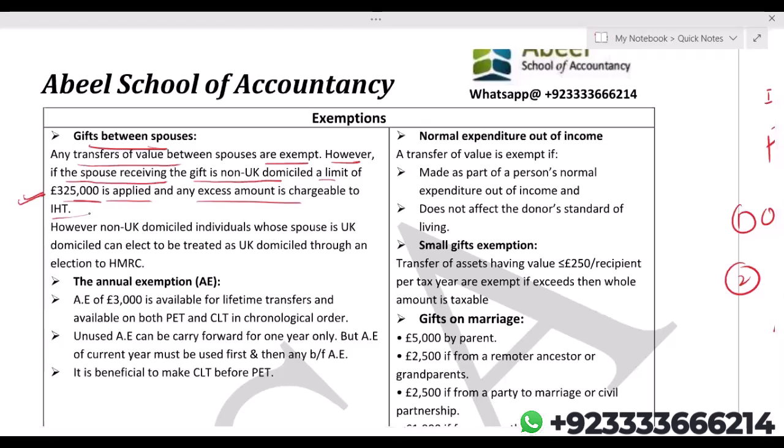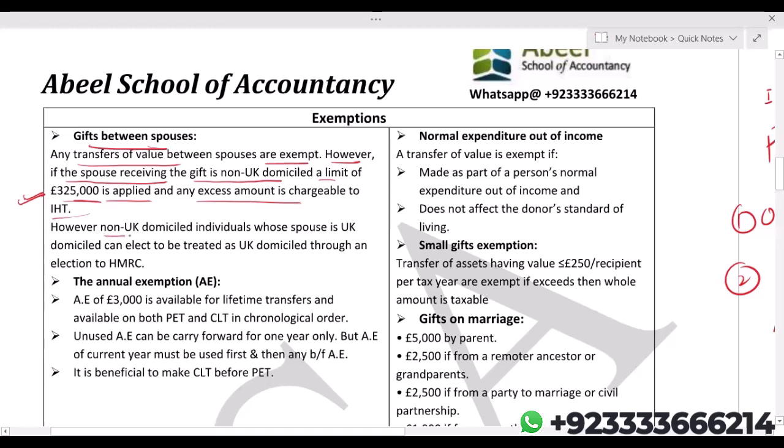Because the normal understanding is that transfer of assets between spouses is exempt. But the rule says if the spouse receiving the gift is non-UK domicile, the limit is 325. Any amount which is in excess of 325, that is chargeable.